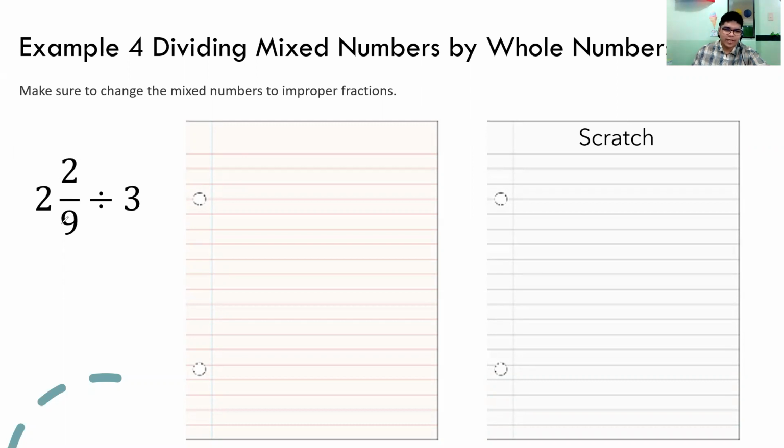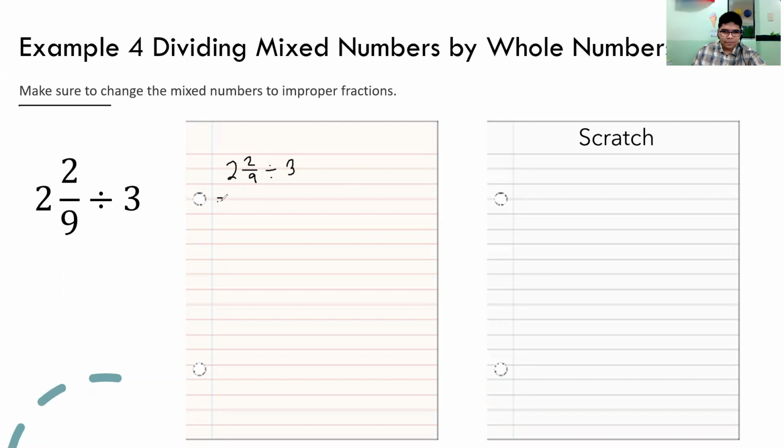Now, 2 and 2 over 9 divided by 3. We have a mixed number divided by a whole number. So the first thing we do is to copy that in our solution board. So solution paper in this case, divided by 3. And now we want to make sure that the mixed numbers are changed to improper fractions.